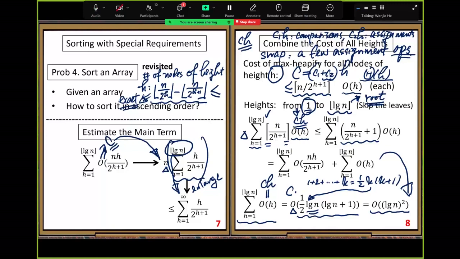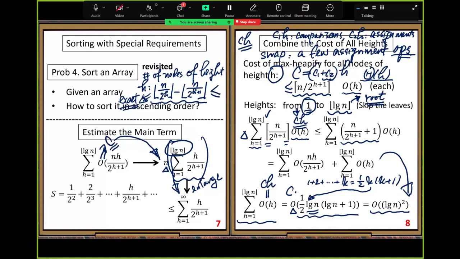That means we still keep the whole summation under control. Otherwise, if we are too generous, the total cost, the total summation, could be out of control. That's very bad. But here we put it under control.